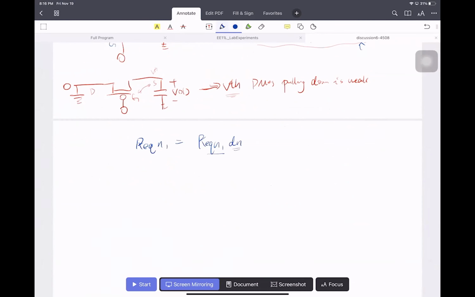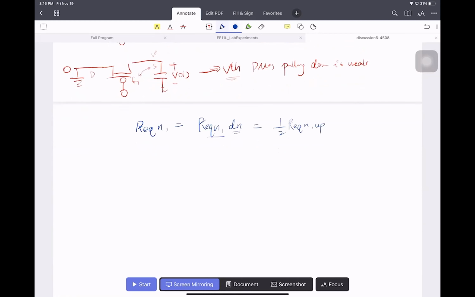That's the normal condition. But that resistance should be smaller than the pull up, because NMOS pulling up is weak, so the resistance of pulling up should be high. Normally we say it's equal to half of the N pulling up.